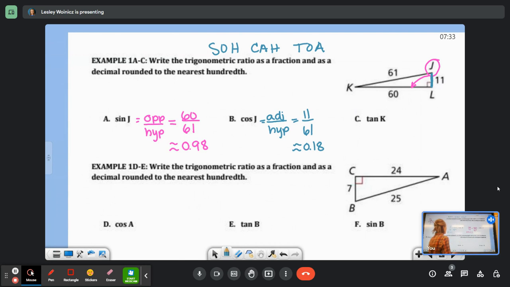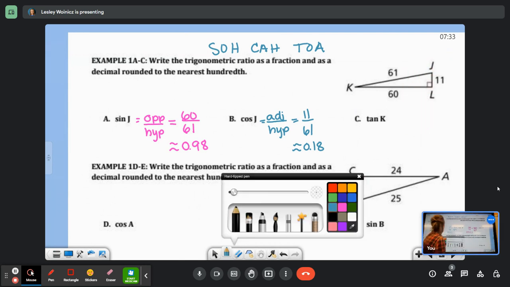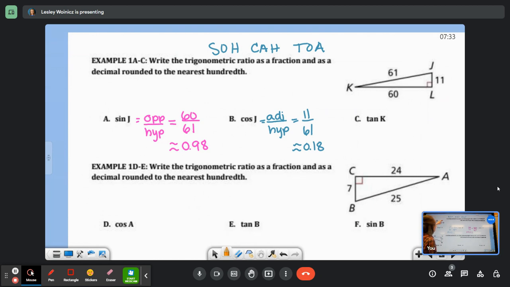Okay, and then we want the tangent of angle K. If I look at angle K, its opposite is 11 and its adjacent is 60.